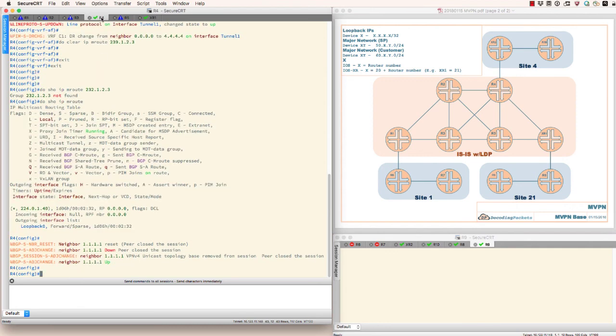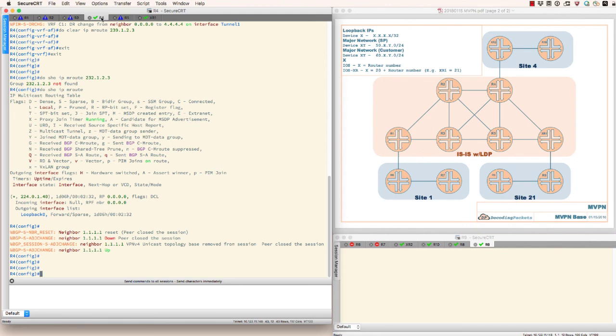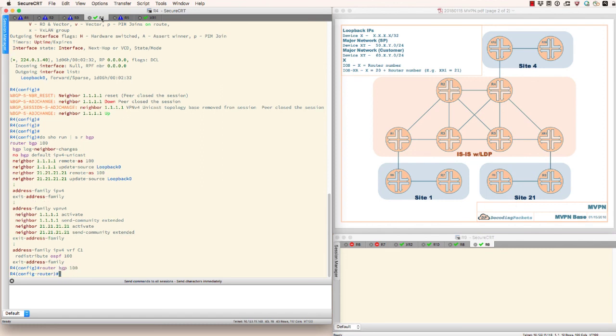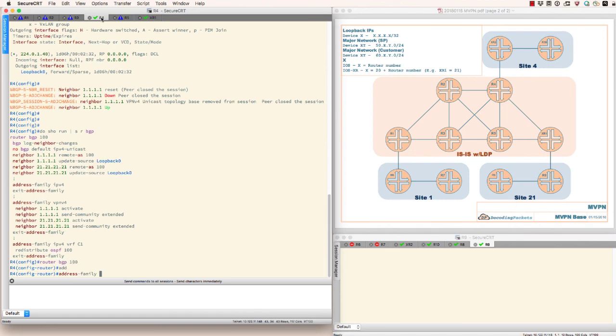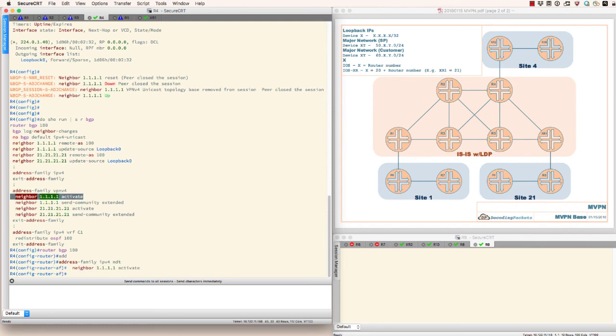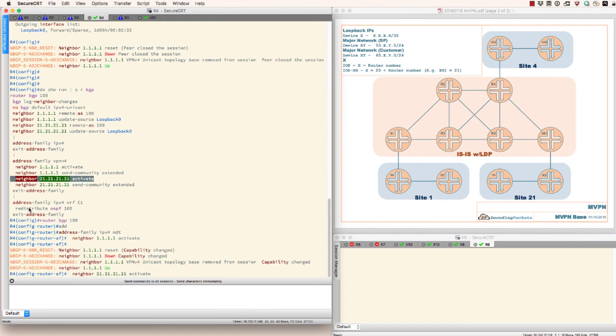Let's do the same thing on R4. Do show run section R BGP, router BGP 100, address family IPv4 MDT, and then I will activate this neighbor and then activate that neighbor.